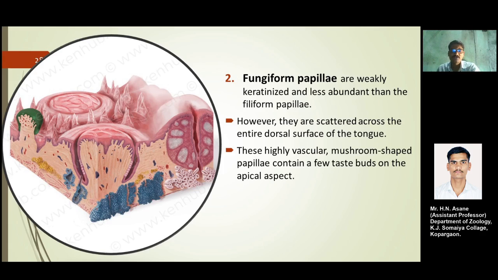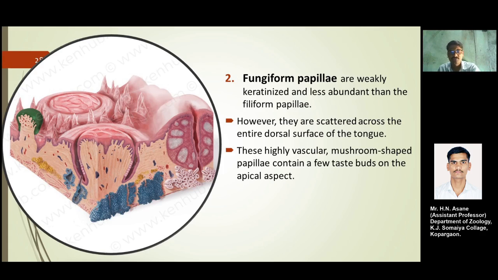As you can see in the highlighted green color patch, around the keratinized cells, these are the structures of the fungiform papillae. They are highly vascular, mushroom shaped, and contain a few taste buds on the apical surfaces of the fungiform papillae.